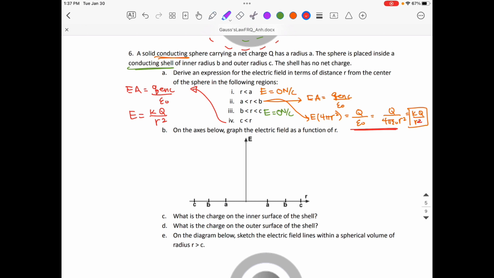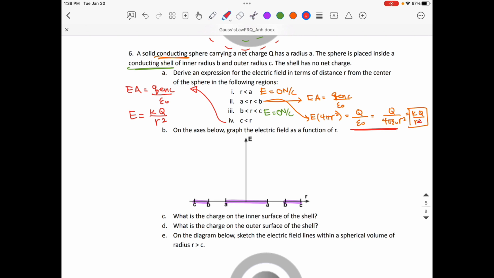We already know that the electric field is 0 when R is less than A, and when R is between B and C, and in between it has an inverse squared proportion.